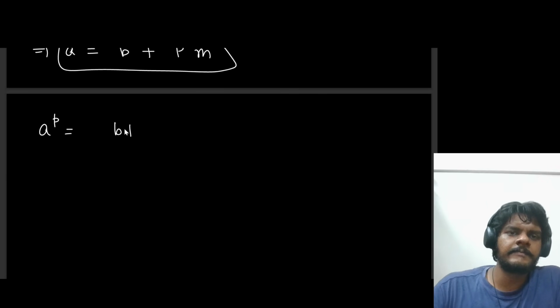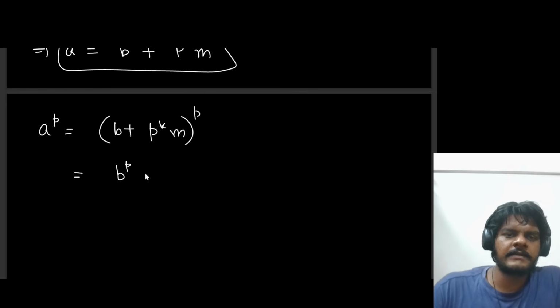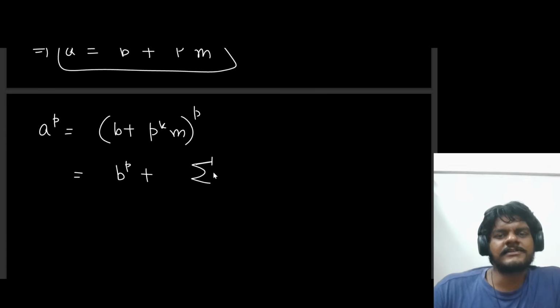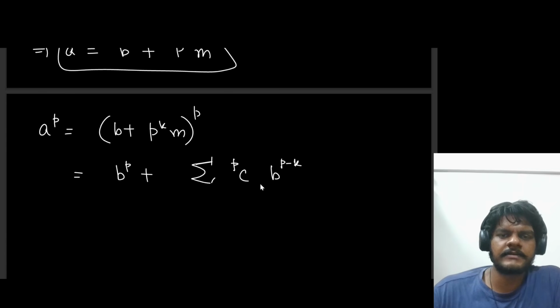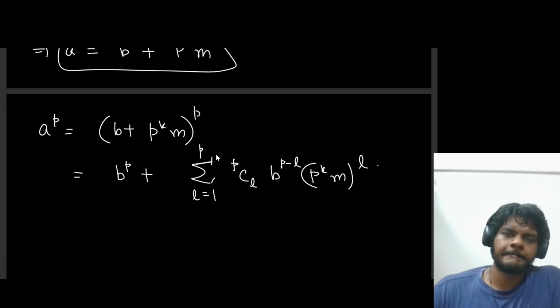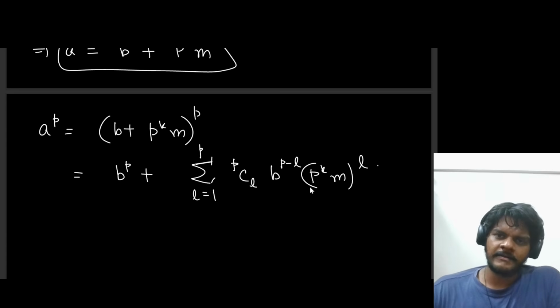So A power P is equal to B plus P power K M, whole power P. And that is equal to B power P plus summation, I'll write here, PCL, B power P minus L, P power K M whole power L, where L will vary from 1 to P, maybe till P minus 1.